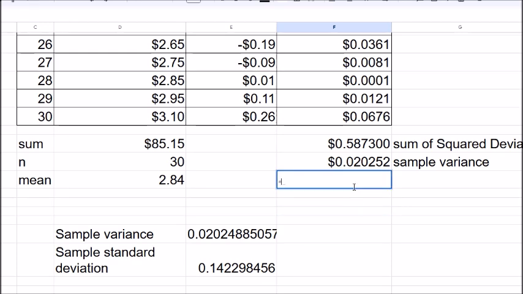And then what I'm going to do now is take the square root of this number. In Google Sheets, it'd be SQRT, and then the square root of this number.